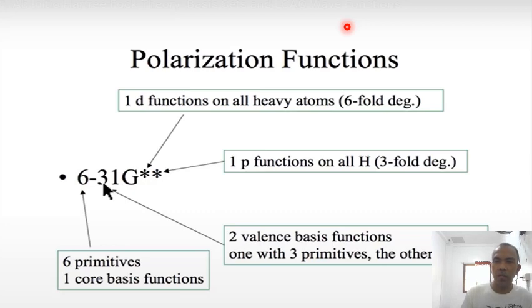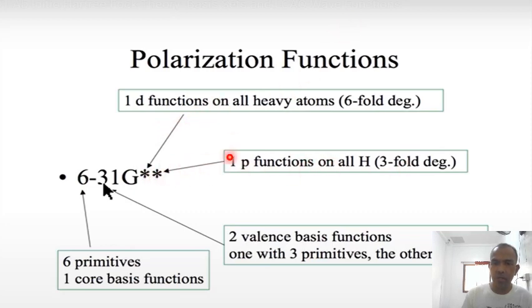But here you see something new, and this is some kind of older notation: the star, or the asterisk. Originally, when Pople did this, the first star tells you to add so-called polarization functions.